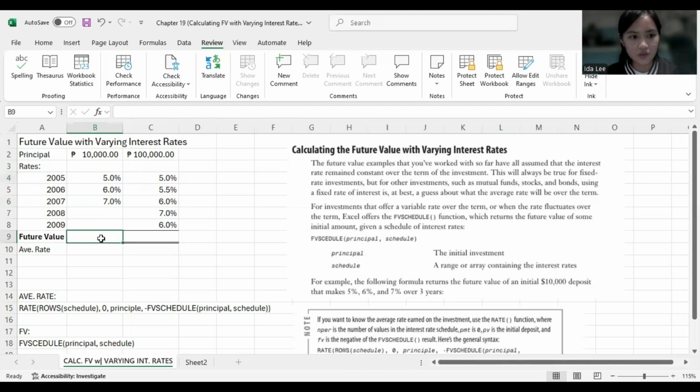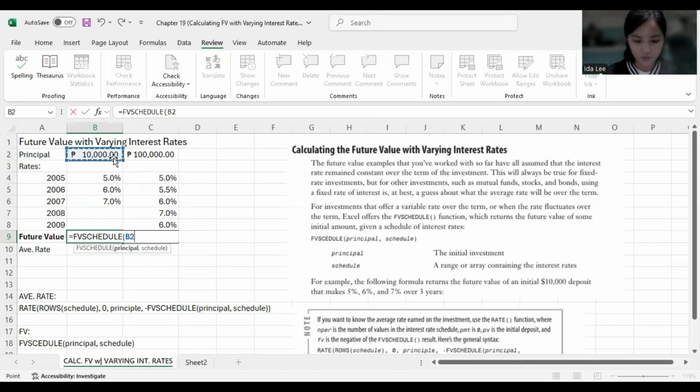So in order to get the future value, we just type in first the equal sign, FV schedule, open close parenthesis, then your principal, which is the 10,000 pesos, and then comma, and your schedule of rates over 3 years from 5% up to 7%.